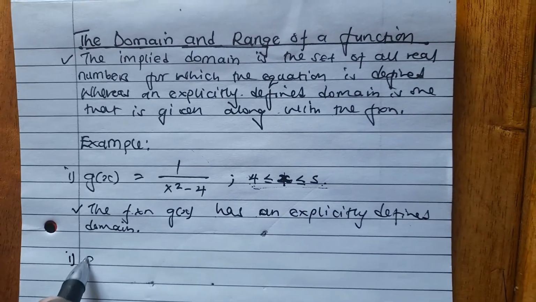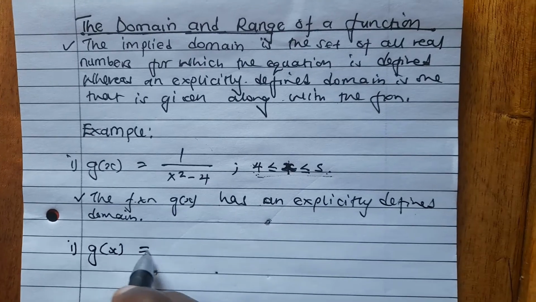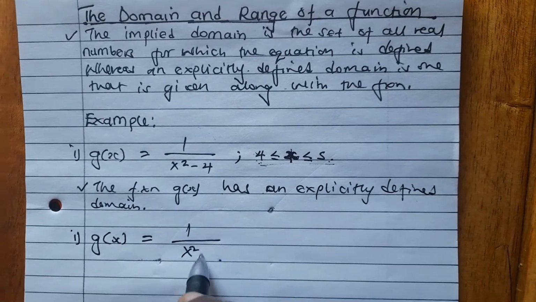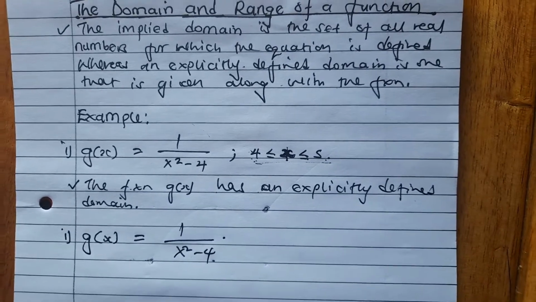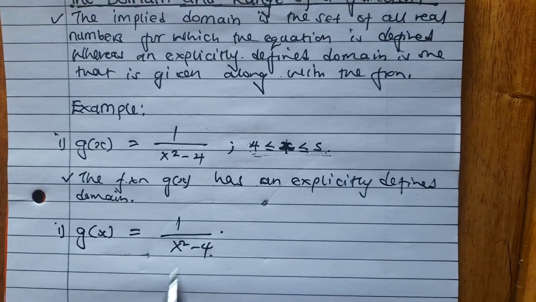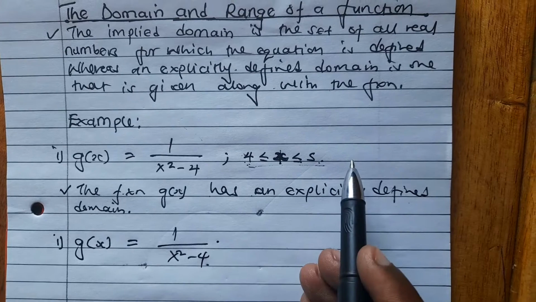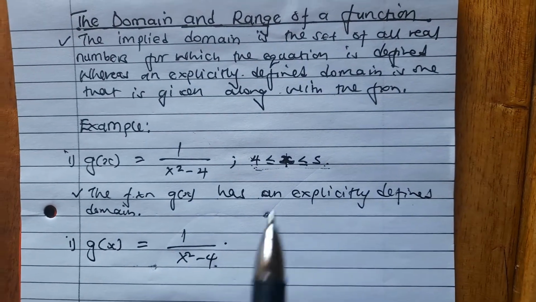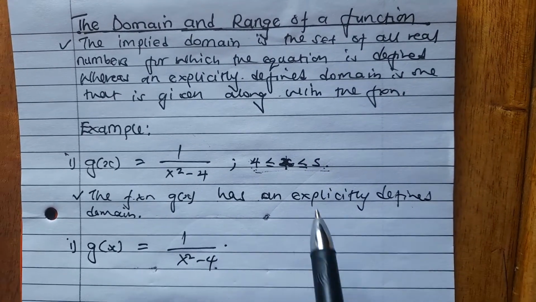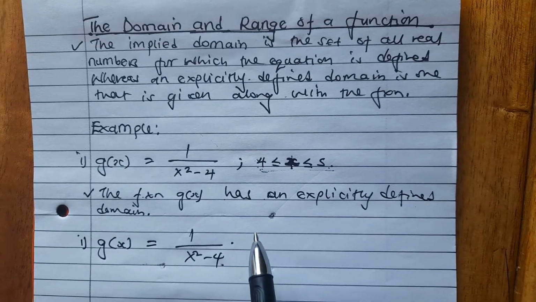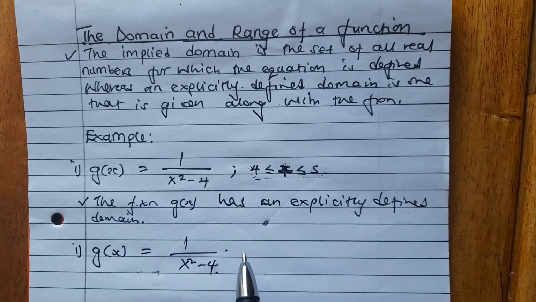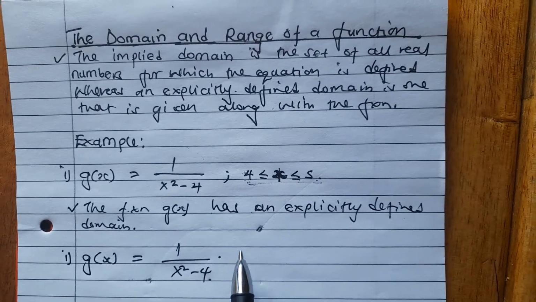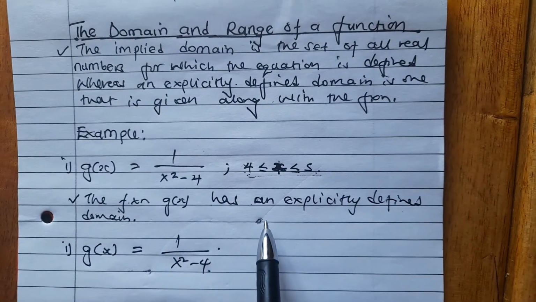Suppose we have the same function, g of x is equal to 1 over x squared minus 4. And we realize this function is defined at some points and not defined at some points. What is the point at which this function is not defined? When I say the function is not defined, I'm trying to say, what is that input that will not give us an output?